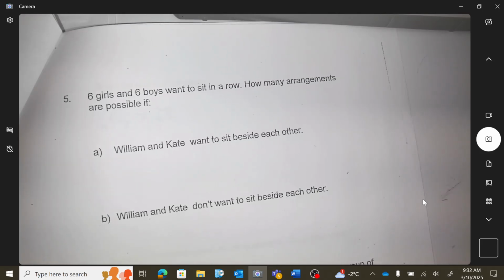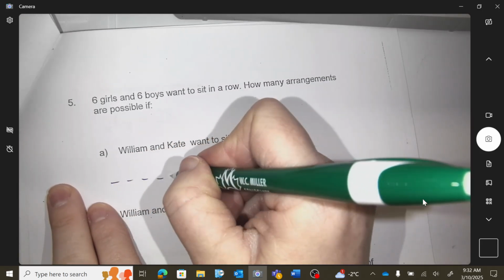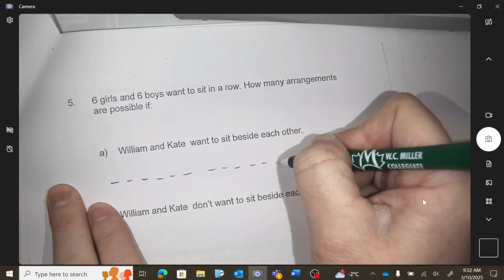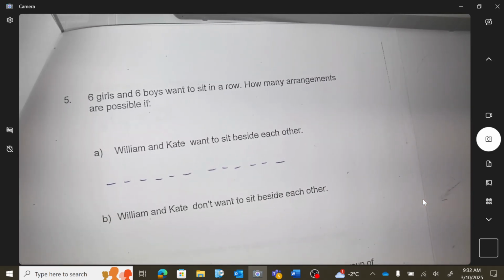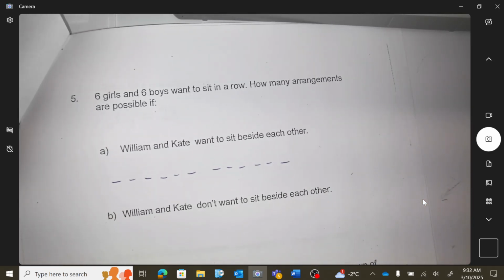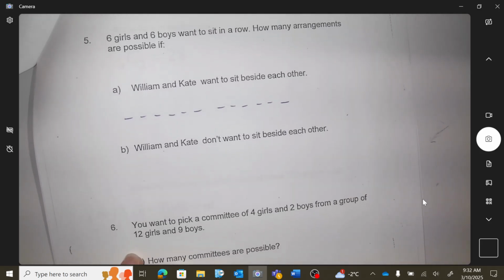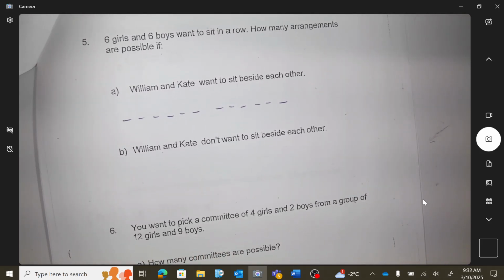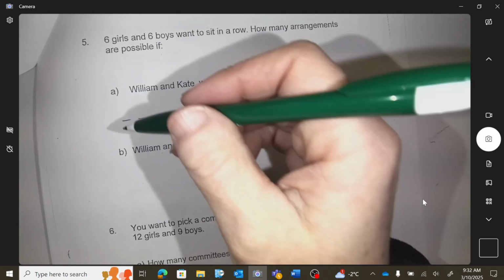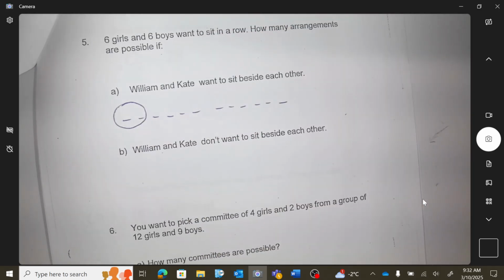6 boys and girls are trying to sit, so there's my 12 people. Will and Kate want to sit beside each other.